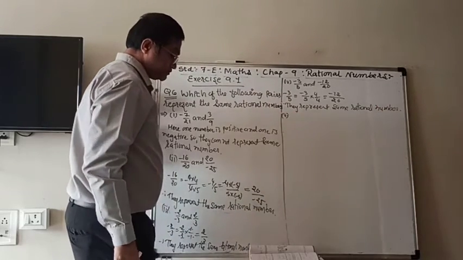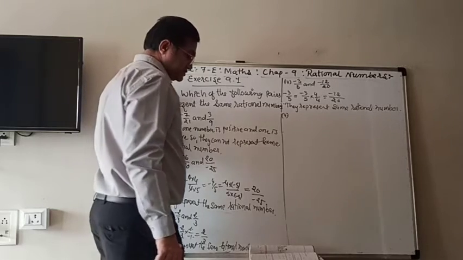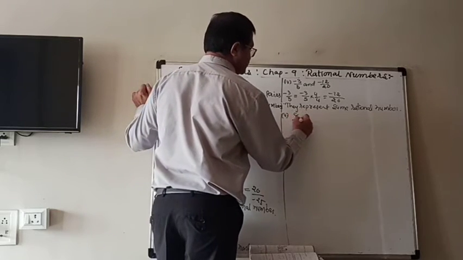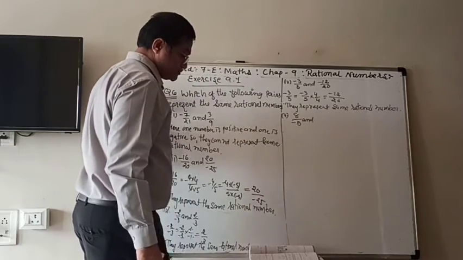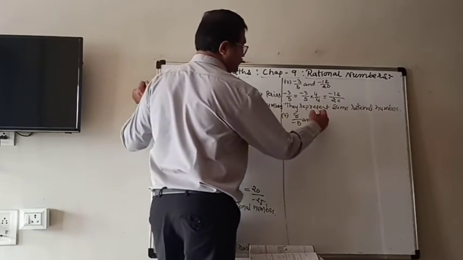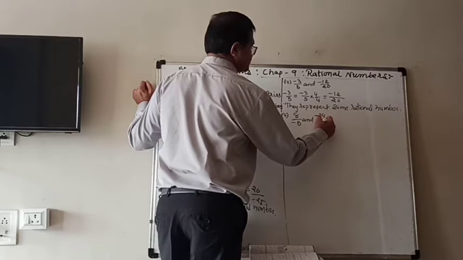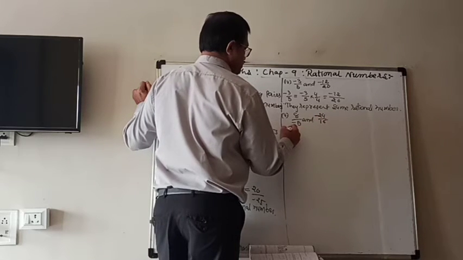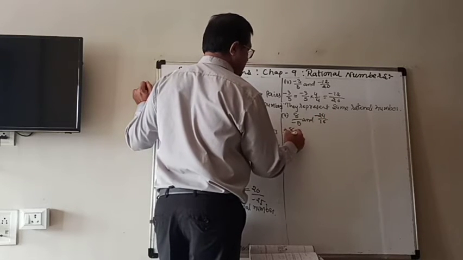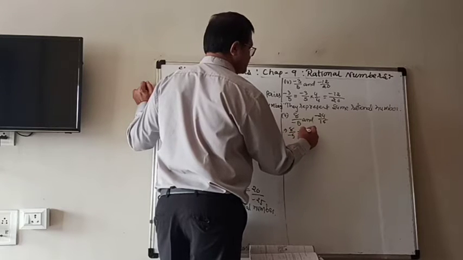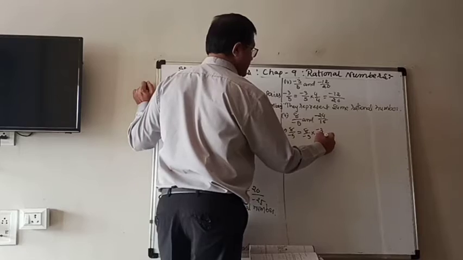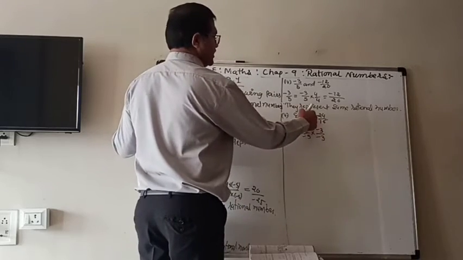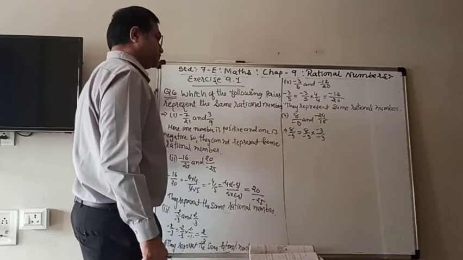The fifth one. The fifth pair is 8 upon minus 5 and minus 24 upon 15. So here 8 upon minus 5 we can multiply with minus 3 upon minus 3 because here negative sign is in the numerator.